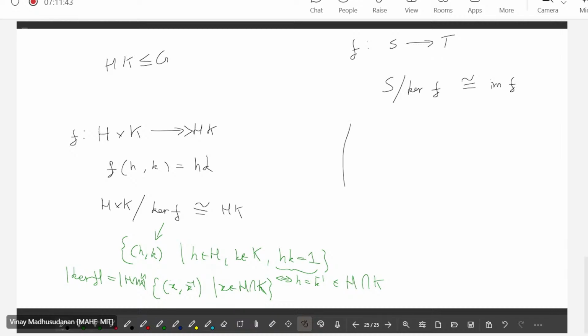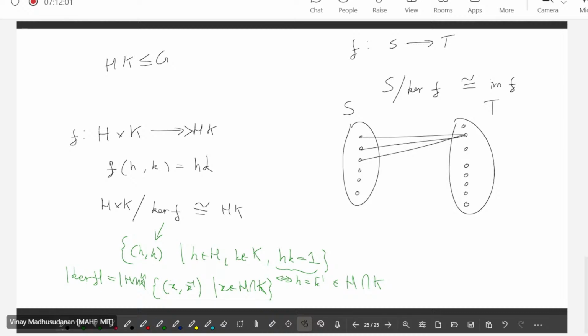So if you have S and T, observe that these three elements are mapped to the same element.